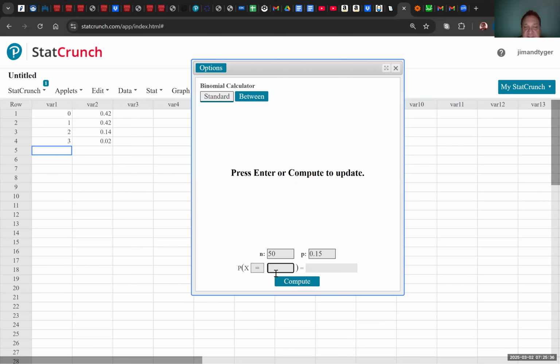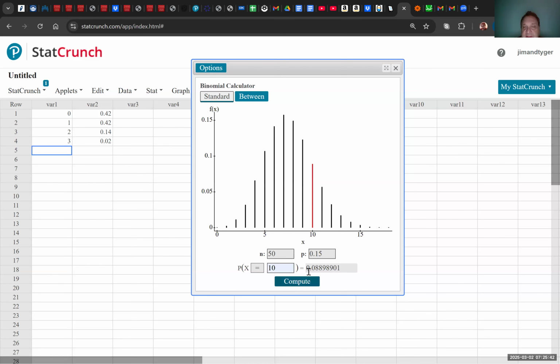So this is the probability that 10 people are successful in getting a 20 or 21, and I hit compute, and I get 0.0889, so 8.9% or 9%, depending on where you round it. You'll see that it shows here in red, that's the 10, so you can visually see that 10 people is right around that 9% range.